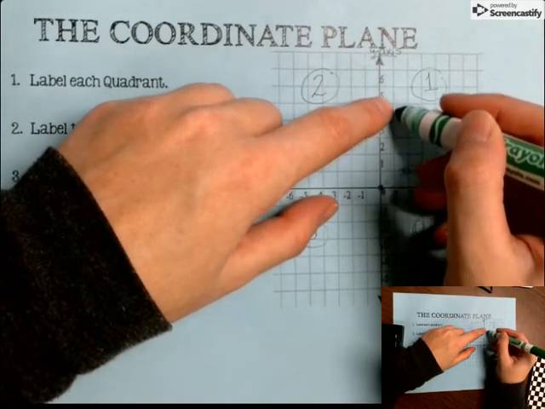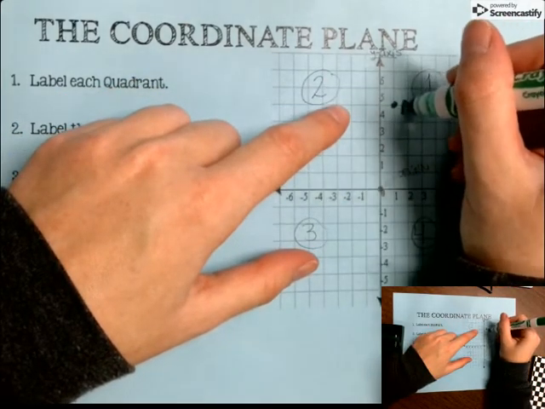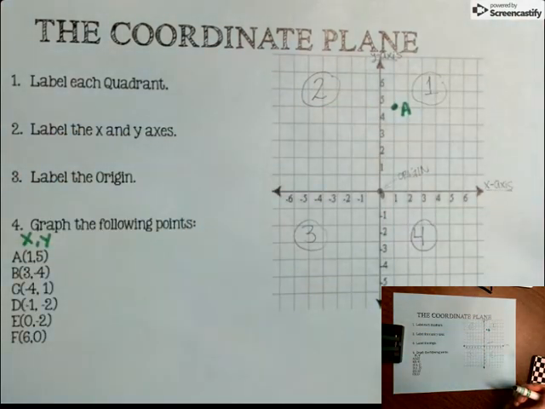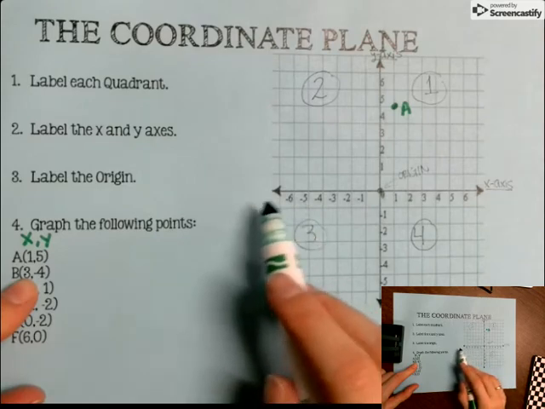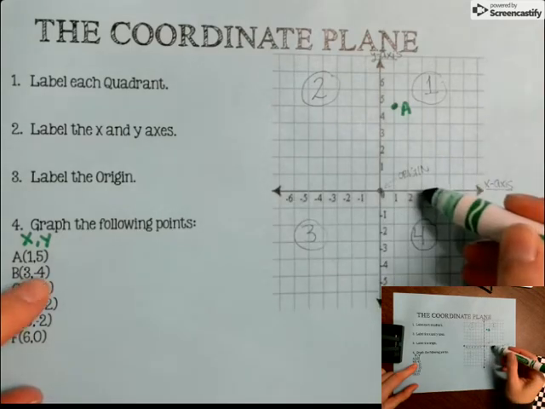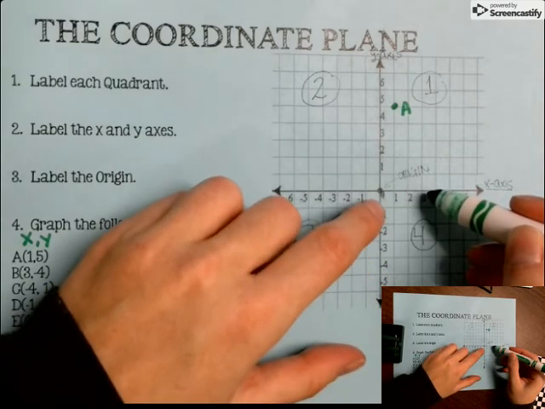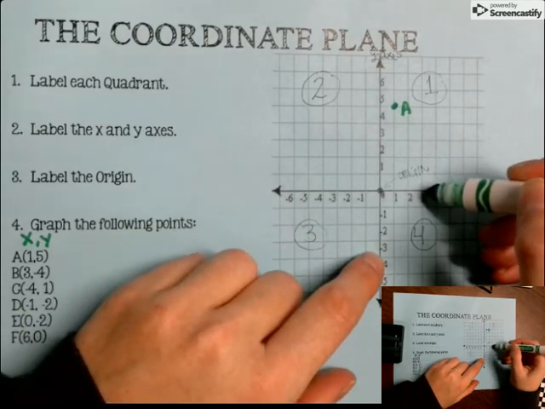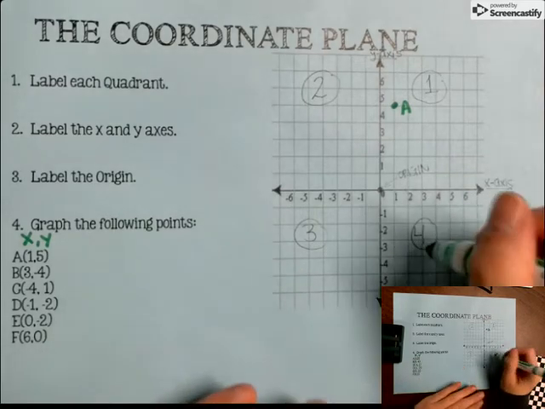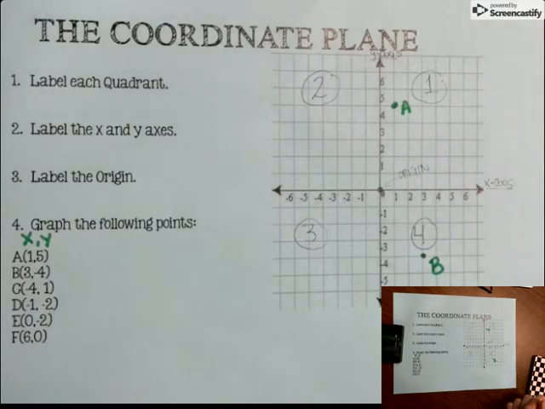And where the two lines meet is where I'm going to have point A. Then I go to B. I find 3 on the x-axis and negative 4 on the y-axis. Negative 1, negative 2, negative 3, negative 4. These are off. And I find where the lines intersect. That is point B.